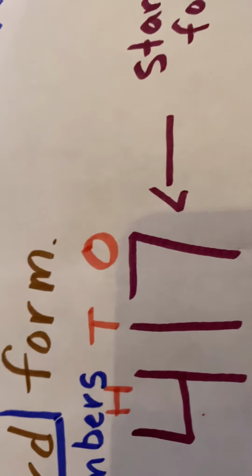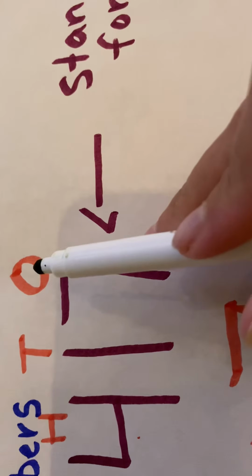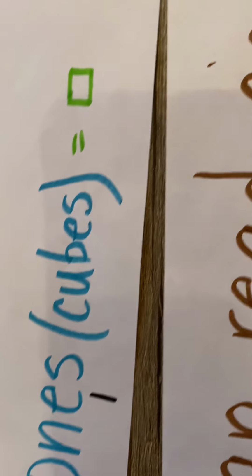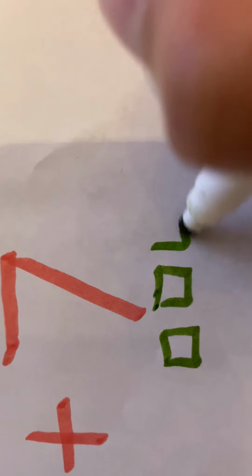And in my standard form, in the ones place, it's a 7. The ones are represented by these cubes, and one of these is 1. So I will draw 7 of them: 1, 2, 3, 4, 5, 6, 7.